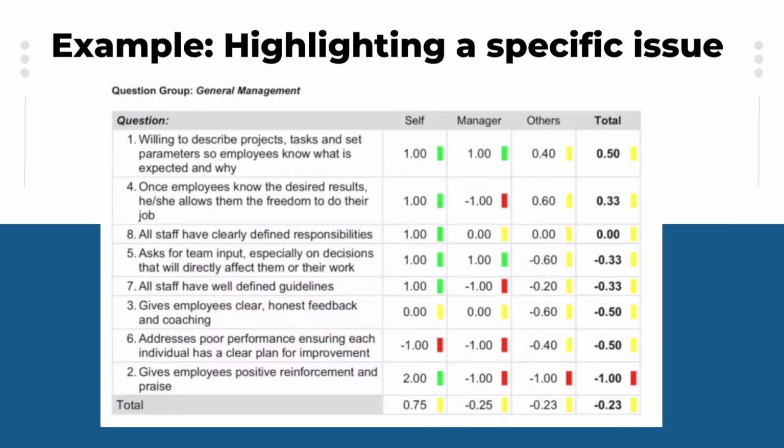So here's another one that can highlight specific issues. So note the red on issue 6, which addresses poor performance and a clear plan for improvement. Both self and the manager's scores are the same, but both are -1s.